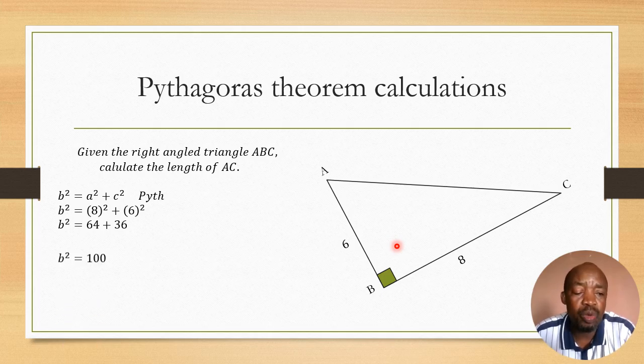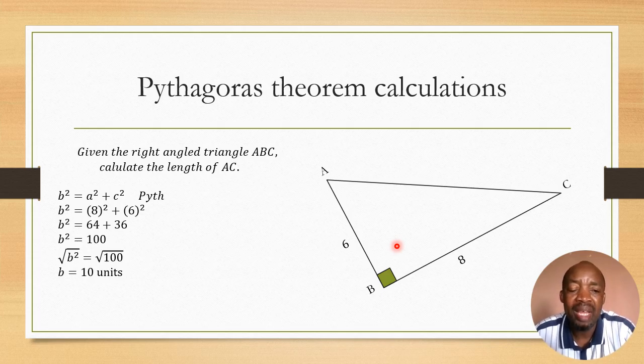I add them together and I get 100. Now remember, b squared is equal to 100 and I'm looking for b, not b squared. And now I have to take the square roots of both sides. The square root of b squared is b, the square root of 100 is 10. That means b is equal to 10 units.